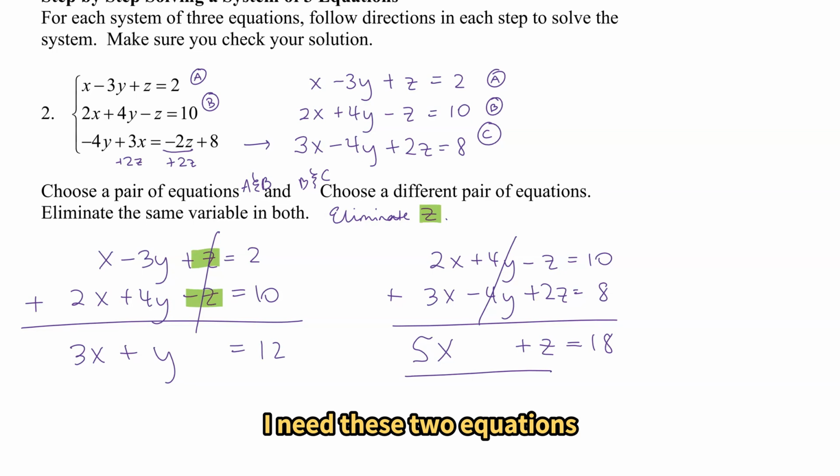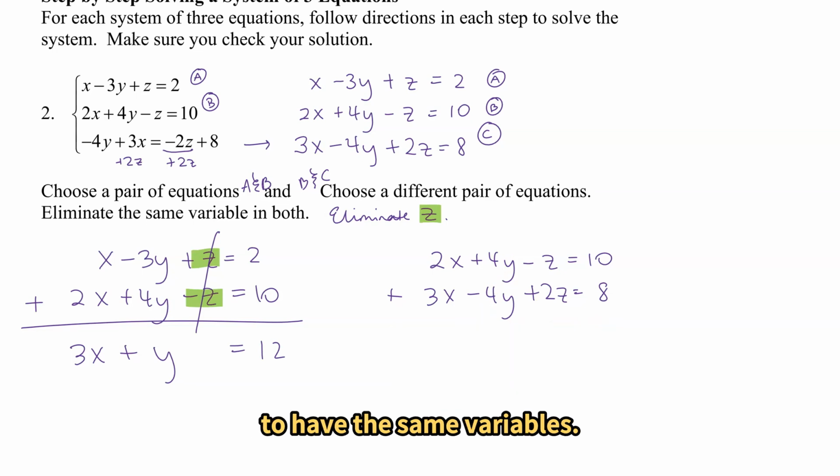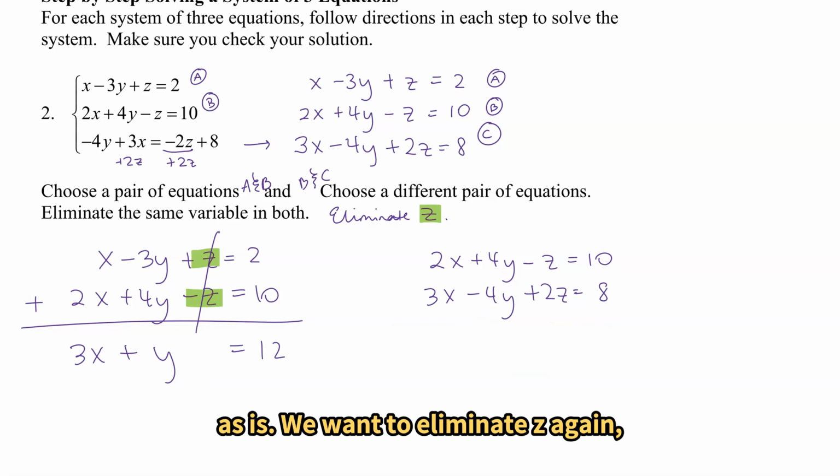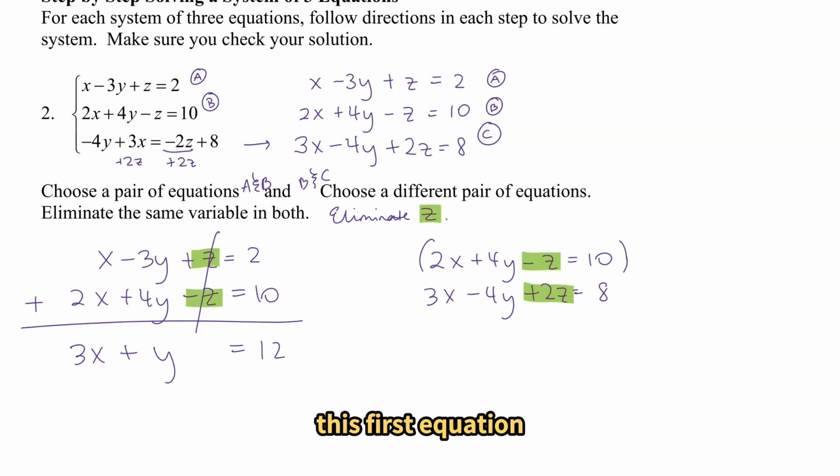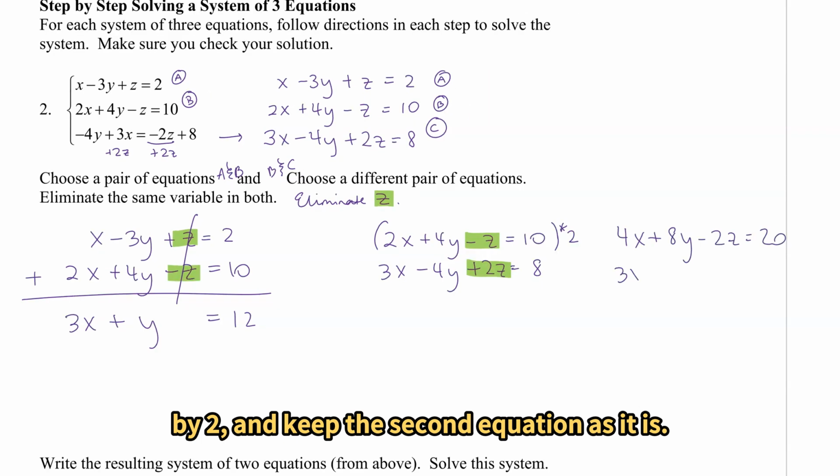I need these two resulting equations to have the same variables. So we're not going to add these as is. We want to eliminate z again, the same variable. So I'm going to multiply this first equation by 2 and keep the second equation as it is.